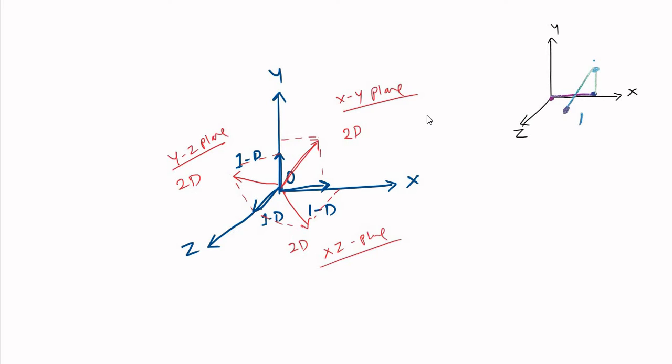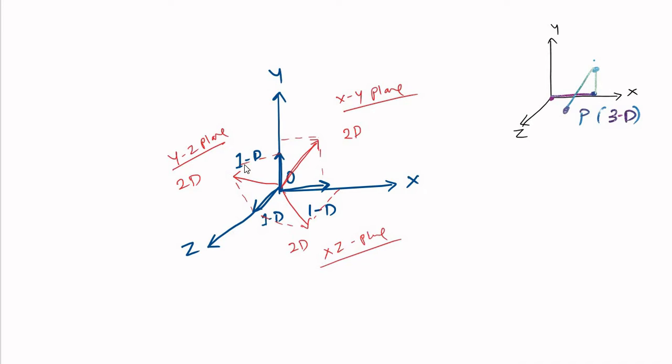So this point here is a point in three-dimensional axes, 3D. This is an example of three-dimensional motion, where all three coordinates, x, y and z, change.